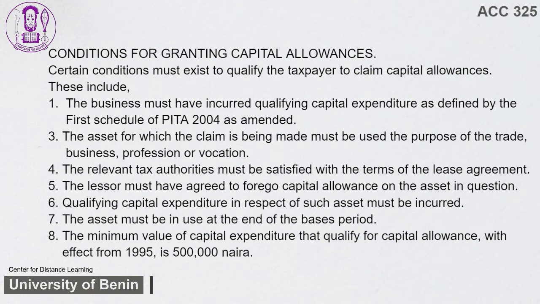The lessor must have agreed to forego capital allowance on the asset in question. 6. Qualifying capital expenditure in respect of such asset must be incurred. 7. The asset must be in use at the end of the basis period. 8. The minimum value of capital expenditure that qualifies for the capital allowance, with effect from 1995, is 500,000 naira.